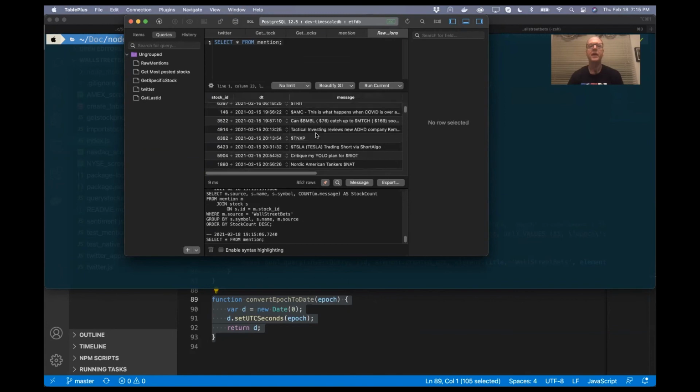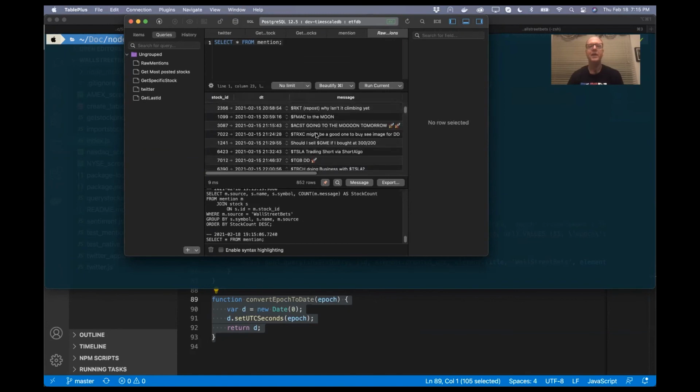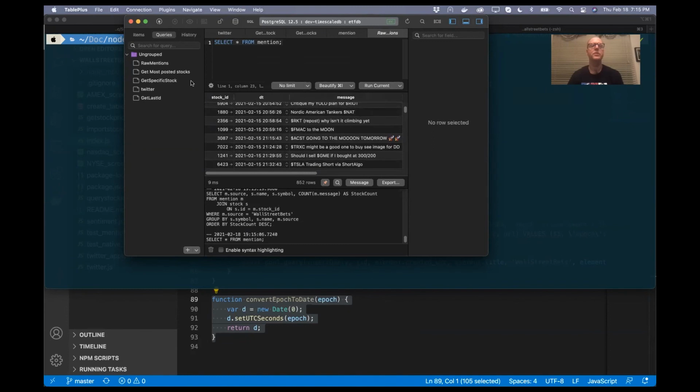So there's a lot of cannabis stocks and stuff like that. And then if we want to, we can join that up to the actual stock.